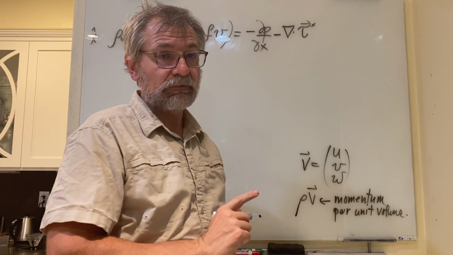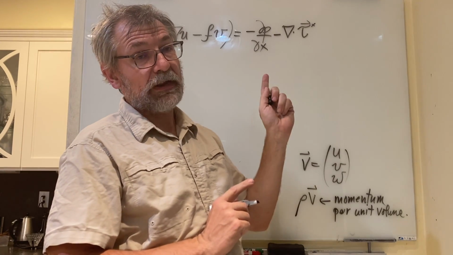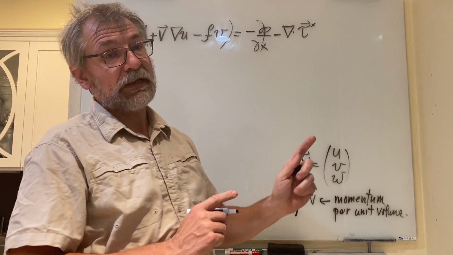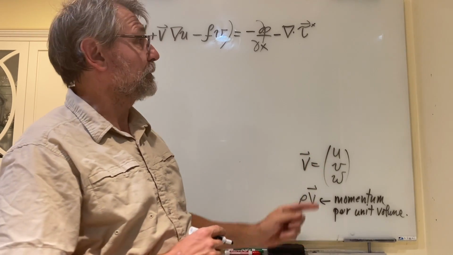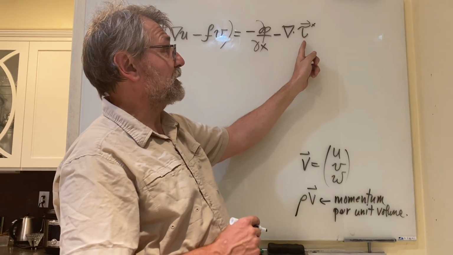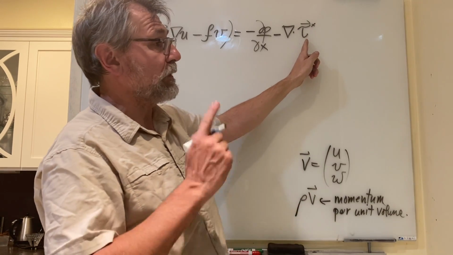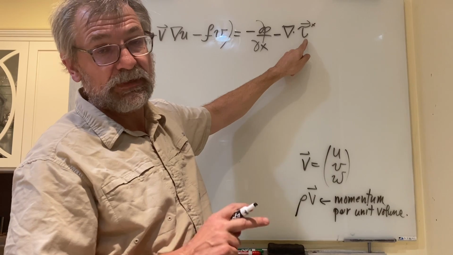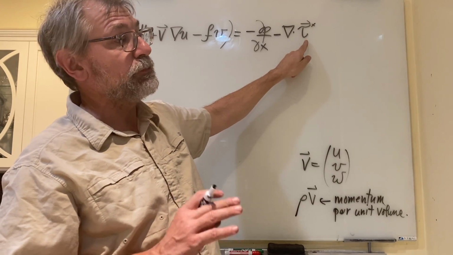You can also have the northward transport of the eastward component of momentum, and you can also have the upward transport of the eastward component of momentum. So this stress is really a tensor, and here we're only taking one part of that tensor, which is all the components that have to do with eastward momentum.